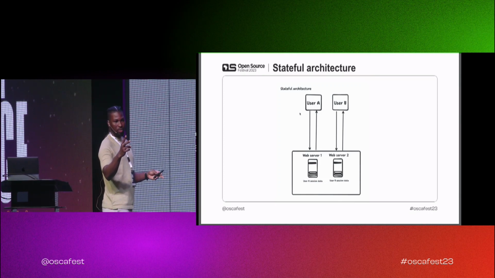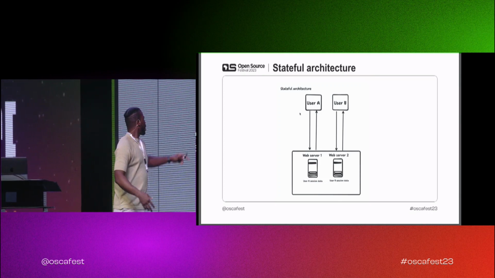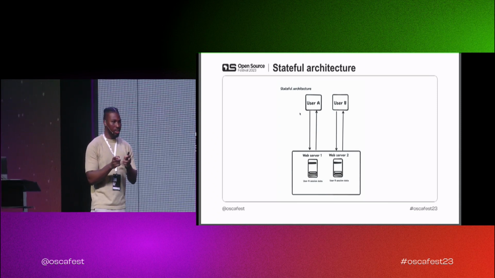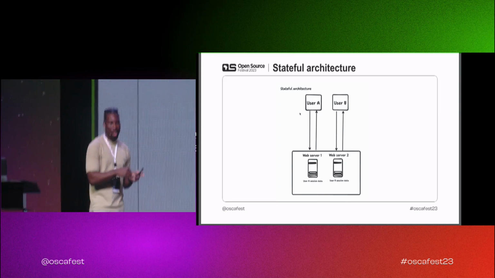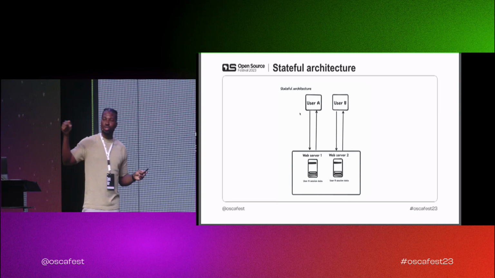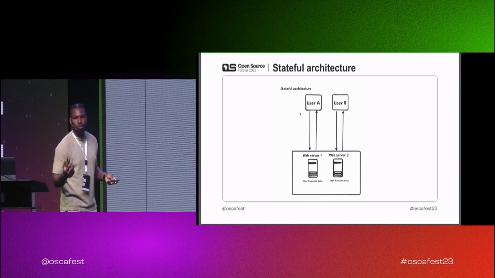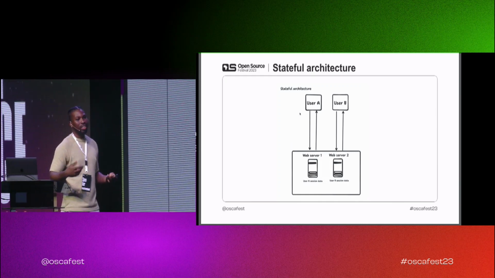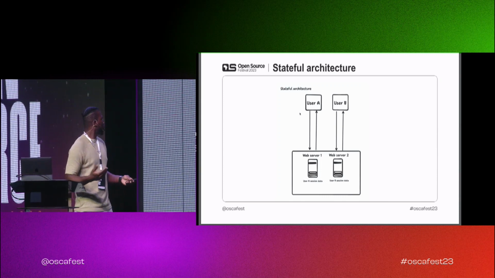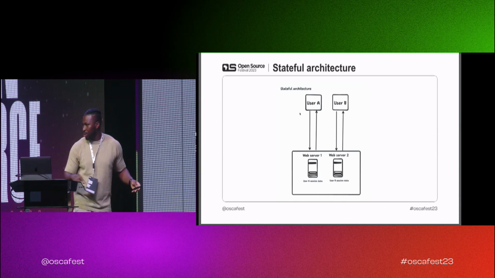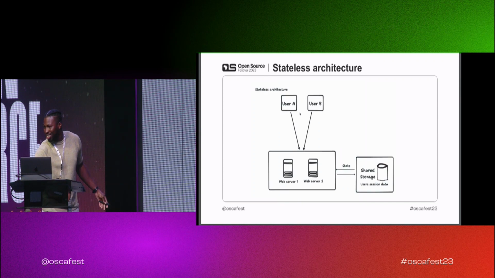Because if you have 2 servers or 3 servers, for instance, if a user goes to your application and the load balancer redirects them to server 1 and they authenticate, if they go to server 2 it does not know who they are. So you might ask them to re-authenticate, and that's not a good user experience. So it's always good to separate your state information out of your instances.